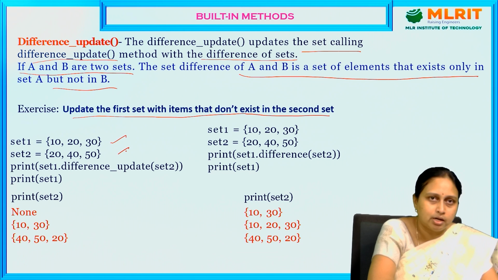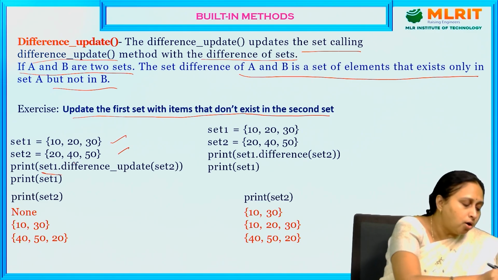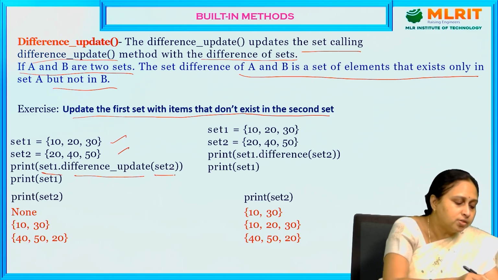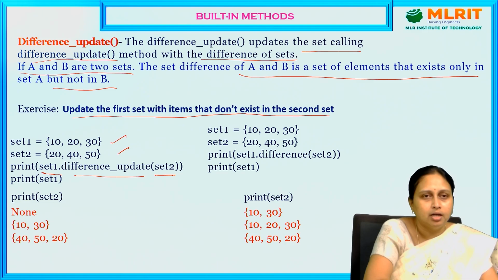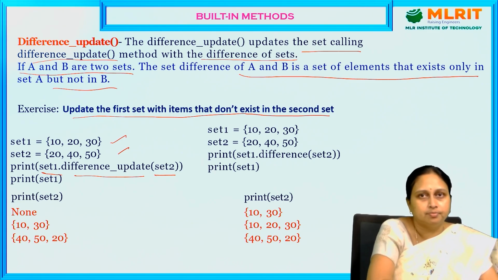One set is 10, 20, 30 and the second set is 20, 40 and 50. If I am trying to print set 1 dot difference update of set 2, what is it going to print?